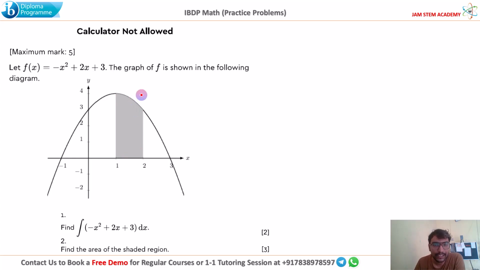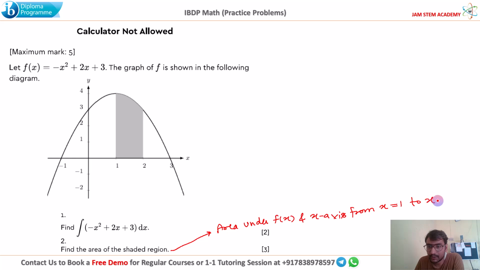So basically, in the second part, we have to find the area of the shaded region, which is nothing but area under this f(x) and x-axis from x equals to 1 to x equals to 2. So we can use our formula for area under the curve to get the answer.